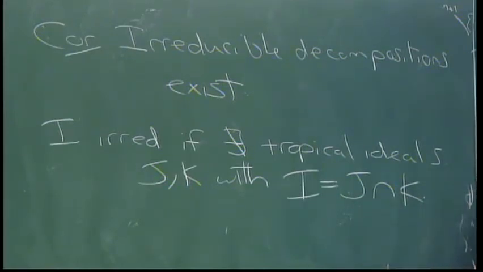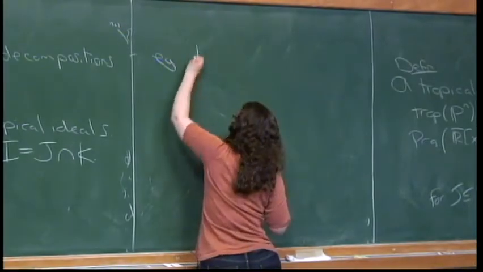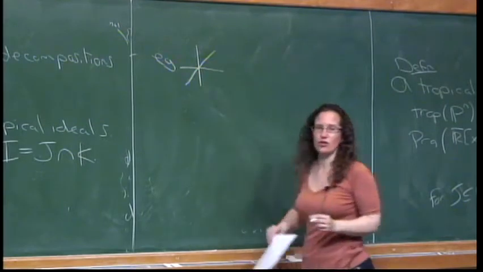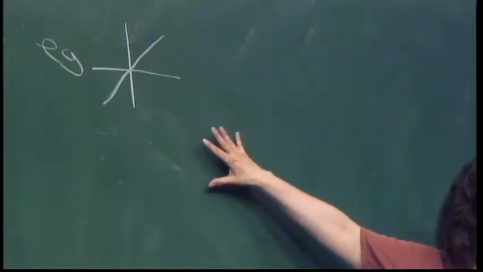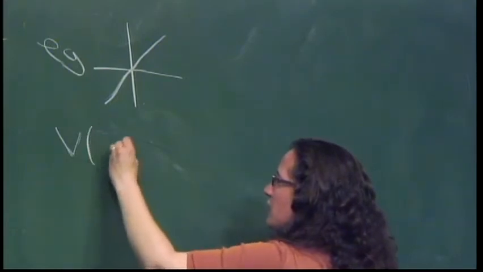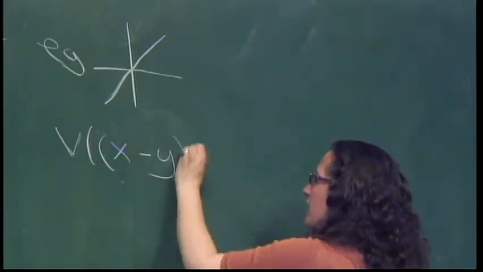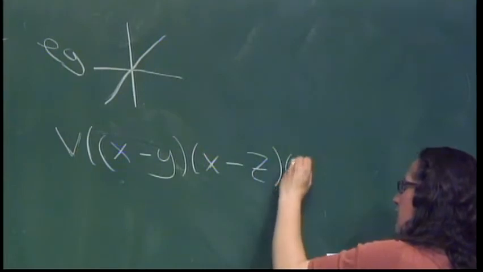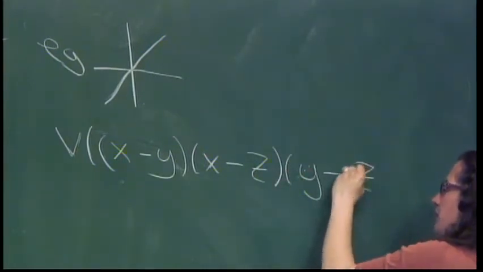Okay, so let's come back to the standard example that I gave you at the start of my three lines. In order to talk about this, I have to give you two different tropical ideals that have this as their variety, and I'm going to choose two realizable ideals. Classically we could realize this as the variety of (x minus y, x minus z, y minus z).